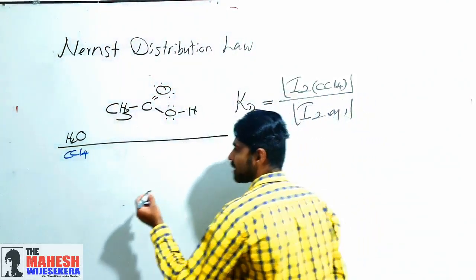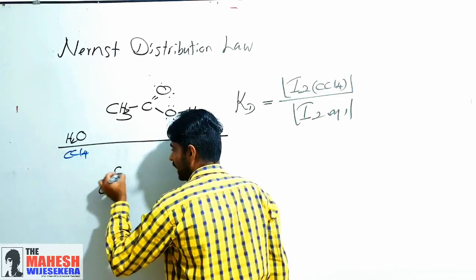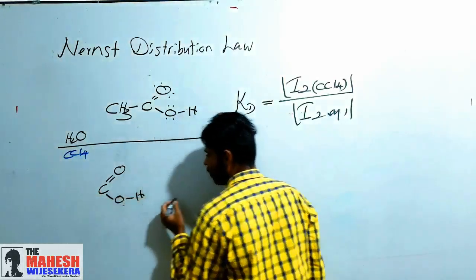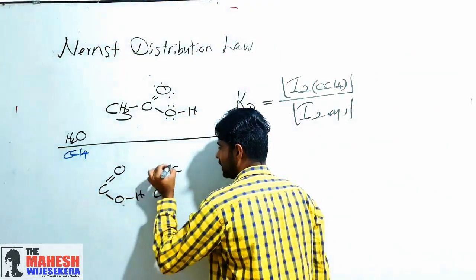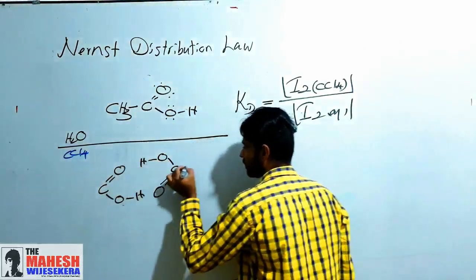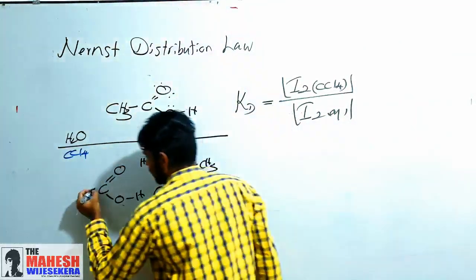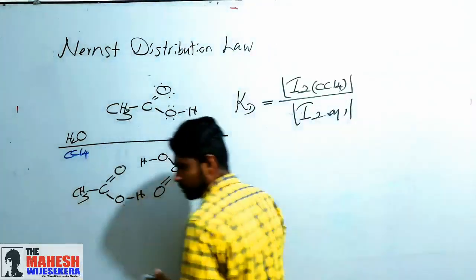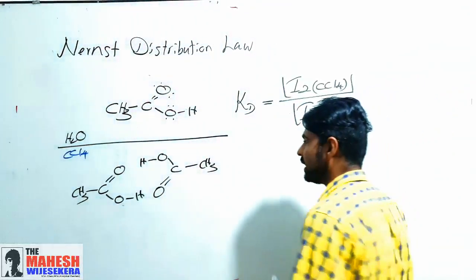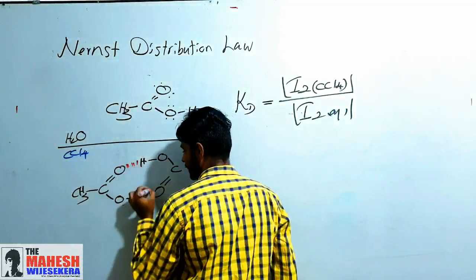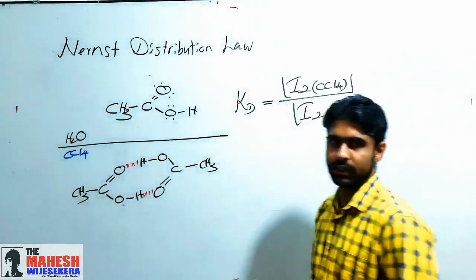In order to overcome that problem, what happens? This CH3COOH molecule would dimerize through hydrogen bonds.